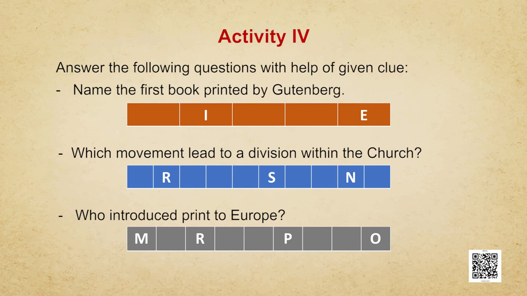The second letter is R, sixth letter is S and ninth letter is N. Question number 3, who introduced print to Europe? The first letter is M and last letter is O. In between you have to fill it up.